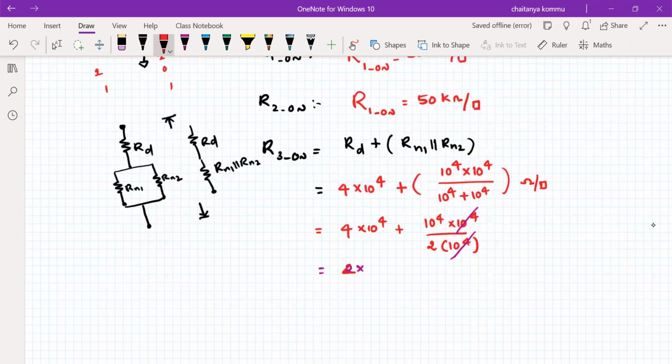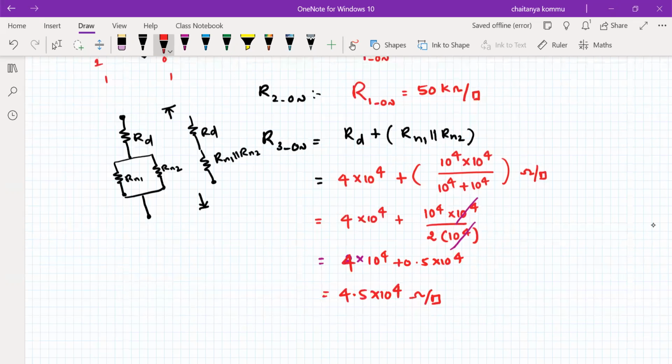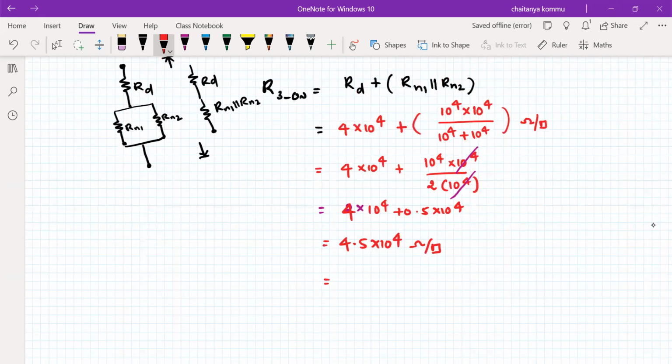So it's 4 into 10 to the power of 4 plus 0.5 into 10 to the power of 4. So this is 4.5 into 10 to the power of 4 ohm per square, which is 45 kilo ohm per square. So therefore this is the value of R3 on.